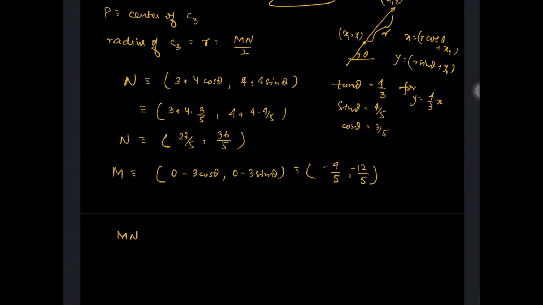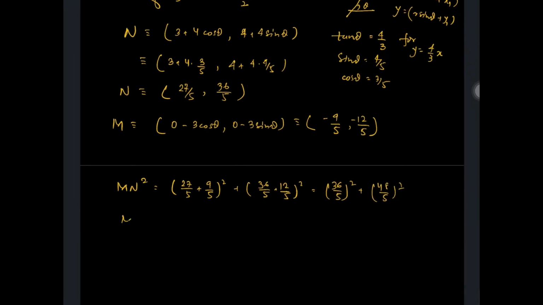So the distance MN square is 27 by 5 plus 9 by 5 square, 36 by 5 plus 12 by 5 square. So that is 36 by 5 square plus 48 by 5 square.